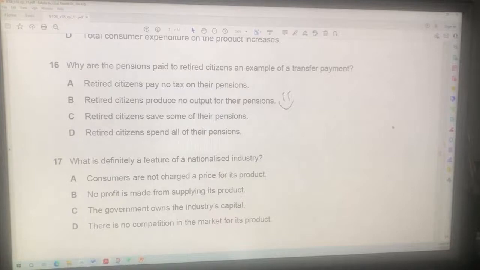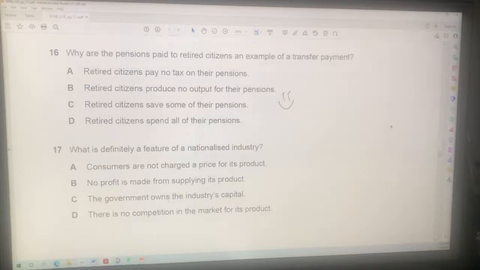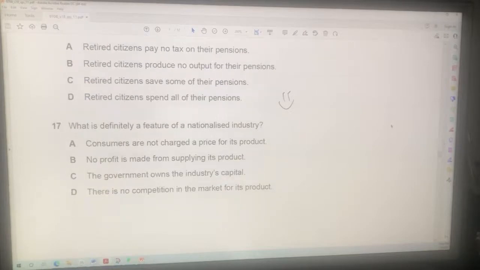17 says, what is definitely a feature of a nationalized industry? A says consumers are not charged a price for the product. That's not true. That's possible, but not necessarily true.